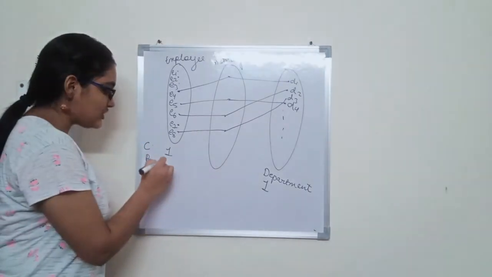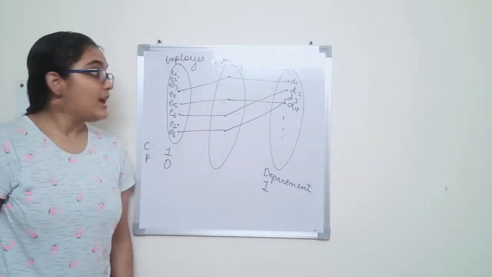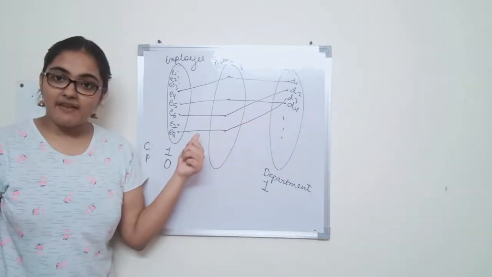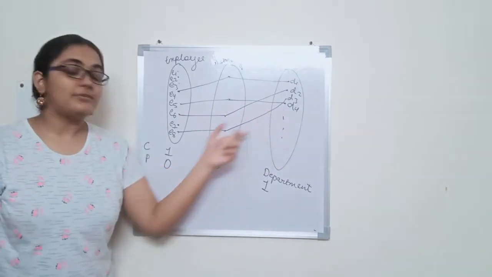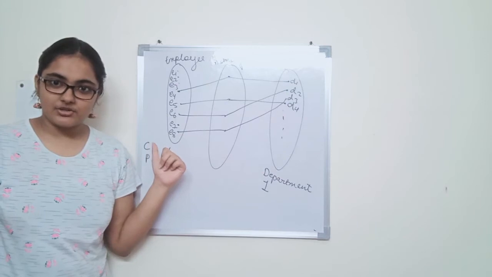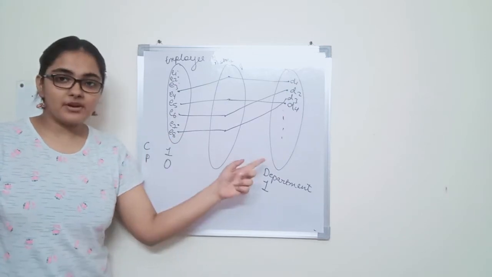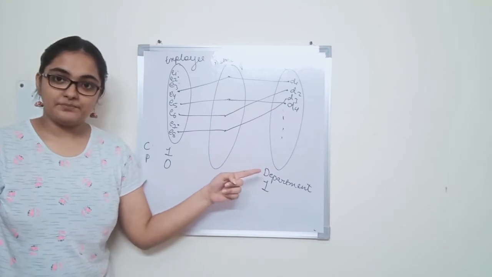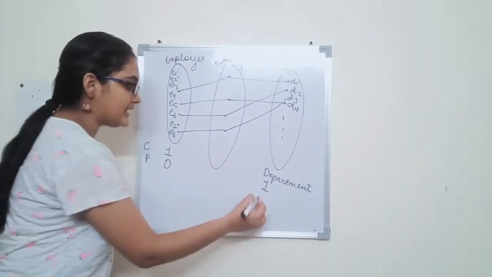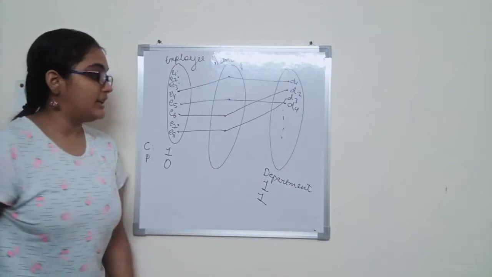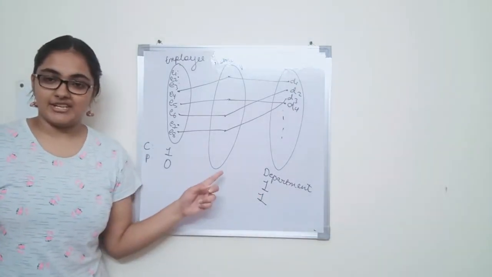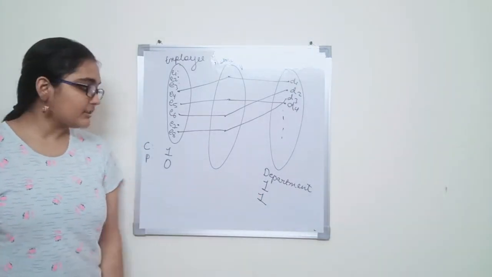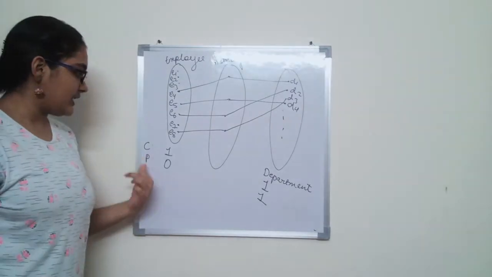So the participation here is 0, right? But every department has to have a manager. So every department has to participate in this relationship, right? So the minimum number of relationship instances in which each department participates is 1. Okay, so the participation of department in the manages relationship is 1. Okay, so that is about participation and cardinality ratio.